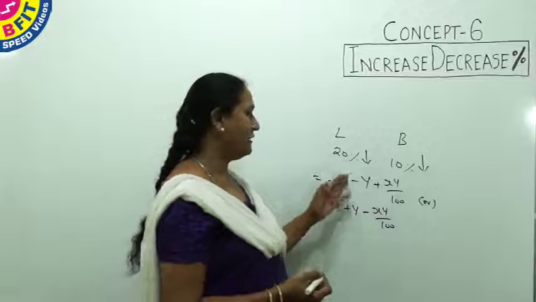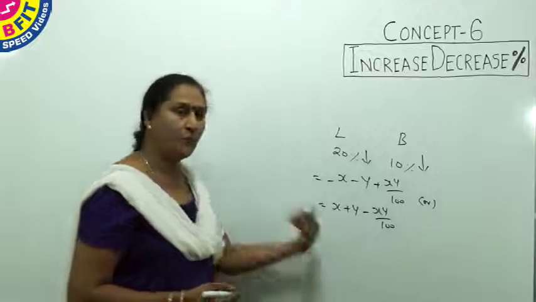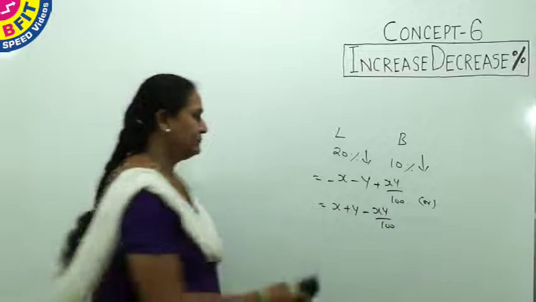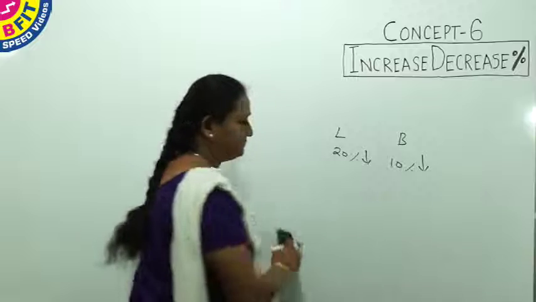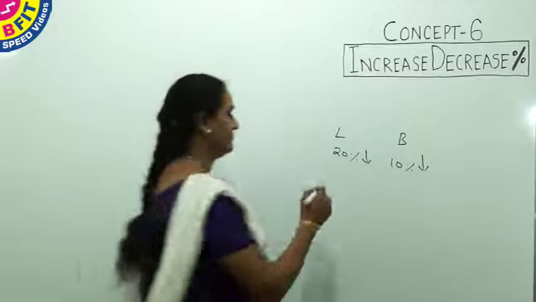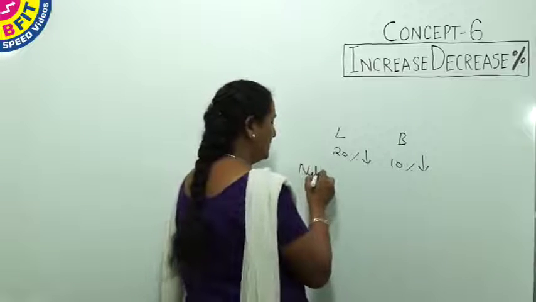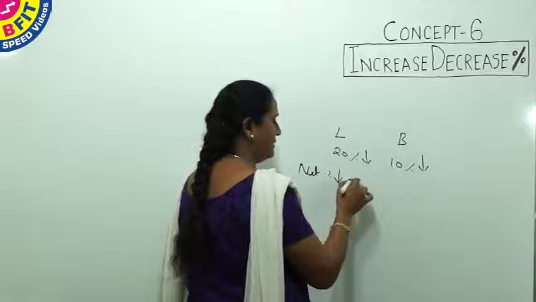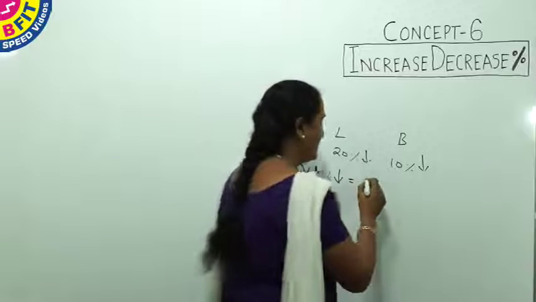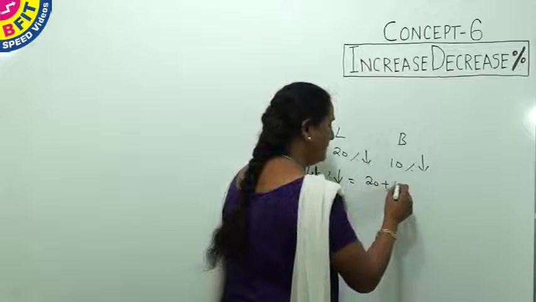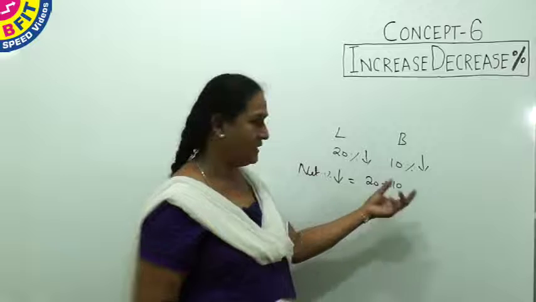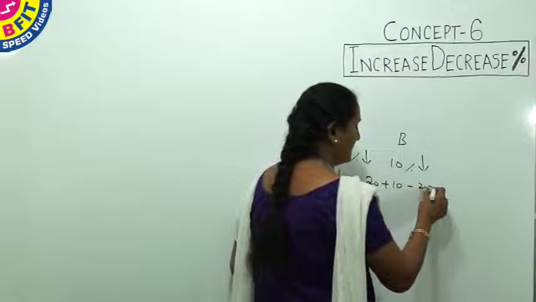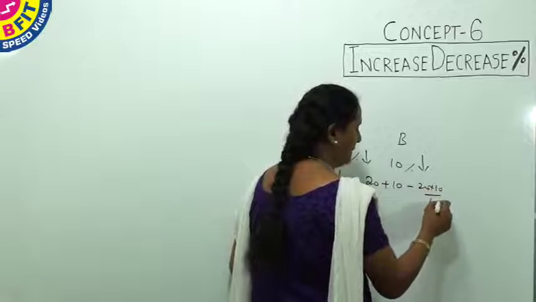And what will be the value for 20 and 10 when both are decreased? To find the net percentage, it will be a decrease because both are decreased values. So 20 plus 10, taking positive values here, minus 20 into 10 by 100.